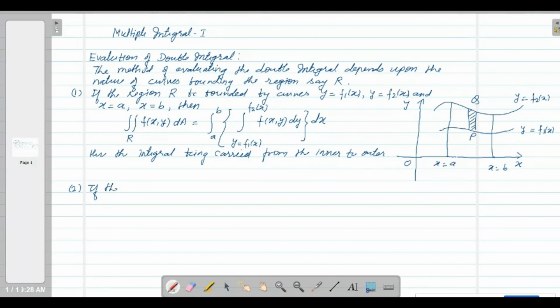If the region R is bounded by the curves x equal to f1(y) and x equal to f2(y).